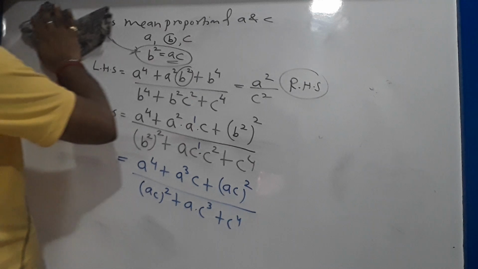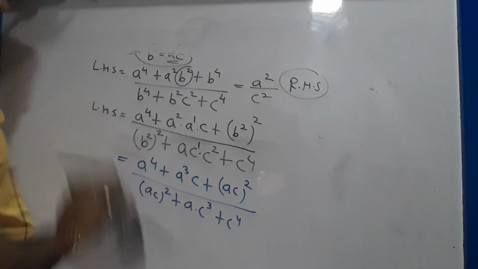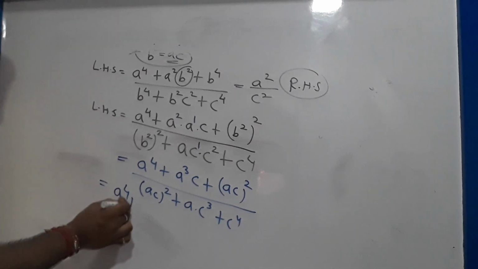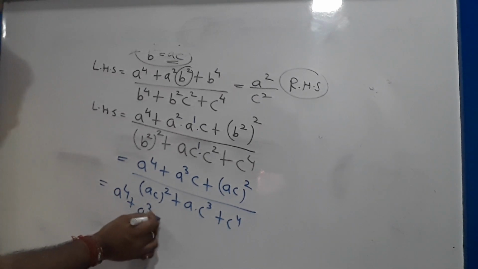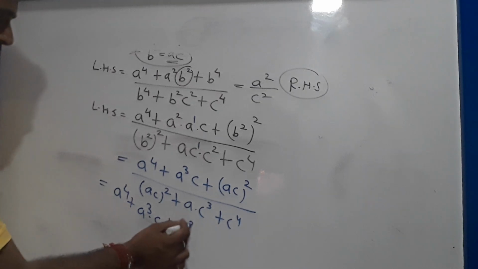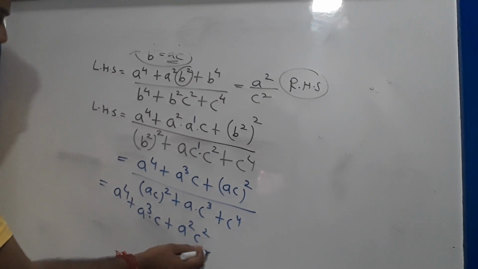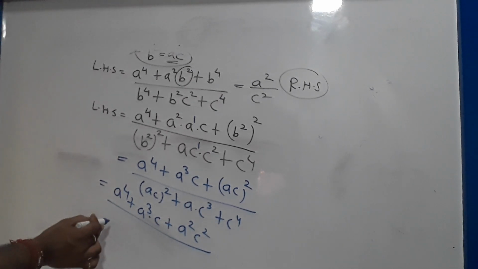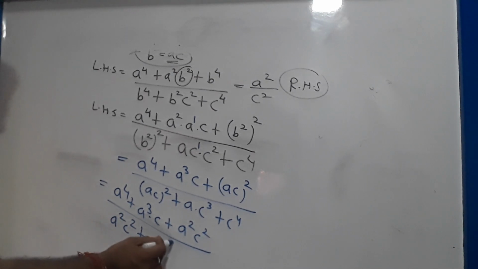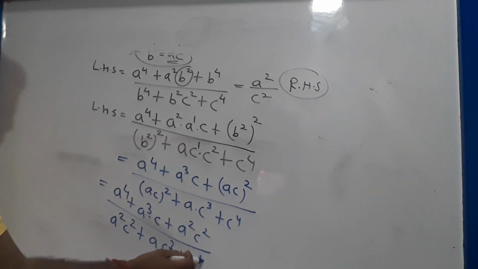So this will be A power 4 plus A power 3 into C plus A square C square, correct? Upon A square C square plus AC cube plus C power 4.